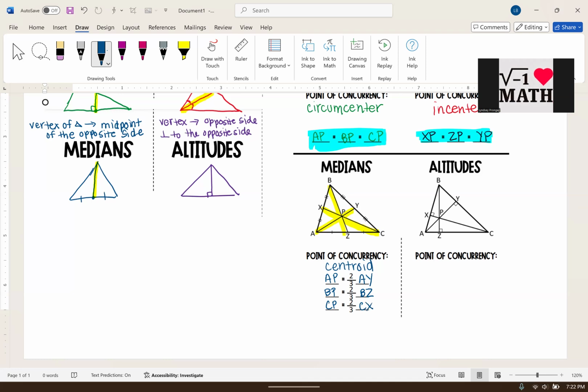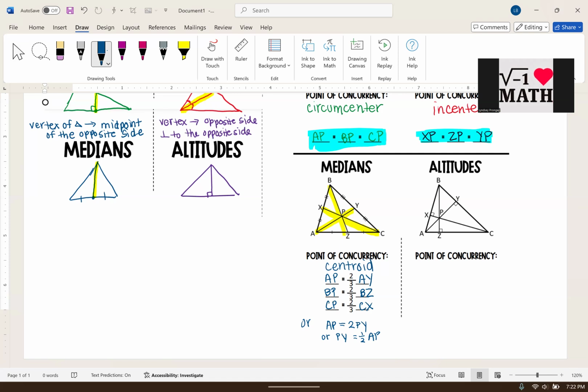But another way we could write it, I think there's a little bit of room at the bottom here, we could also say that AP is double PY. Or we can say PY is half of AP. So the smaller one is half of the bigger one when you look at the two pieces that make up the whole thing of the median.